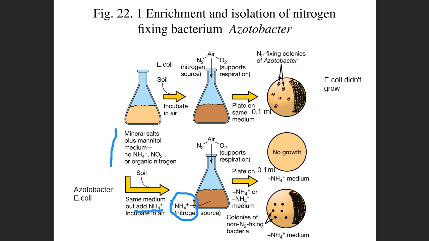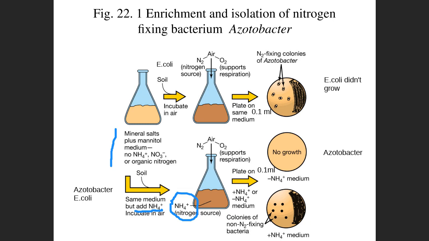But in this case, what happened here is that, did the Azotobacter grow? No, it did not, right? And on this plate, in this growth media, which bacteria grow? It is the E. coli. Well, because the E. coli cannot produce nitrogen, it depends on the nitrogen source.